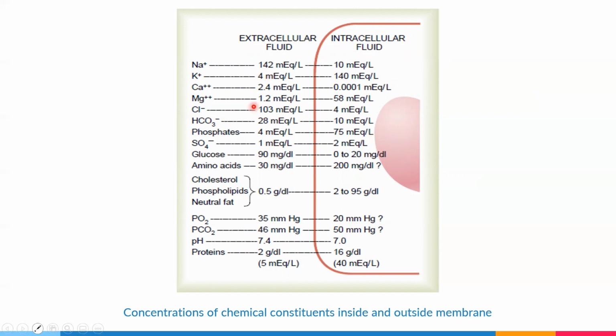But on the other hand, molecules such as potassium have very low concentration in the extracellular fluid and are present in huge concentration inside the cell, or in the intracellular fluid. We will see how this also plays a major role in nerve signal conduction and maintenance of how these concentration gradients are maintained in the cell.